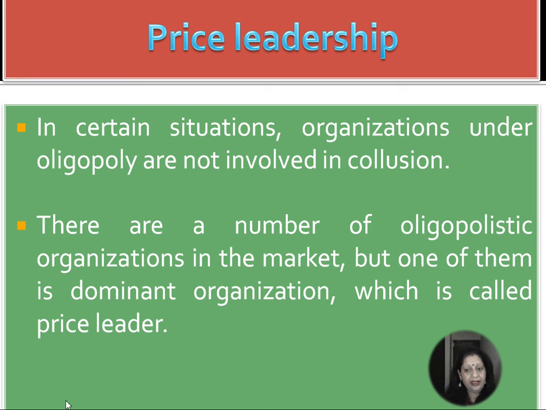So here the firm which is earning a high profit will become dominant over the other prevailing firms, and that firm will decide the price level, what should be the price of the commodity for the firms producing the same commodity.